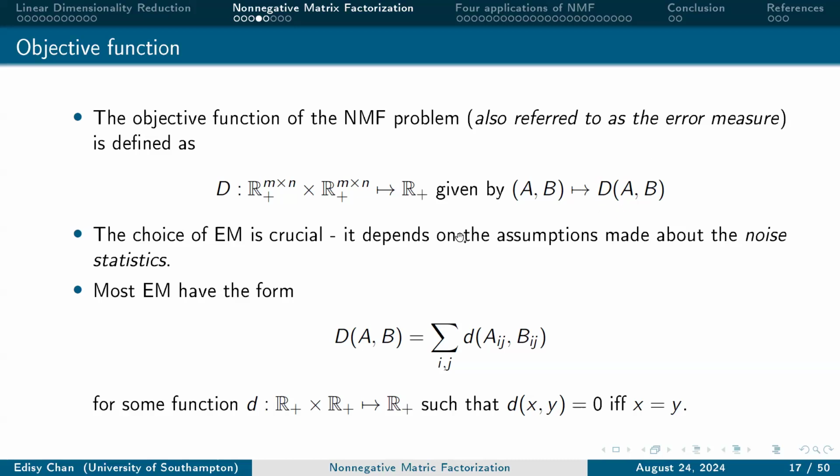Most of the error measures in the NMF problem have the following form, which gives every entry the same consideration. It is the summation of some kind of distance function between the entries of A and B, with the condition that it is 0 if the entries X and Y are the same. So there is 0 distance if they are exactly the same.